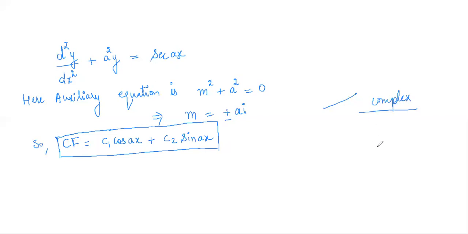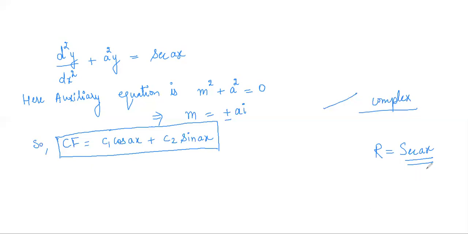Now, r is secant ax. So it is neither of the form e raised to power ax nor of the form sin ax, cos ax. Neither is it a polynomial in x, nor of the form e raised to power ax times b.